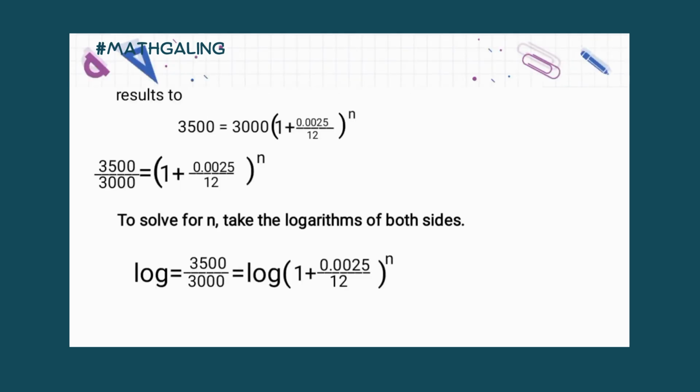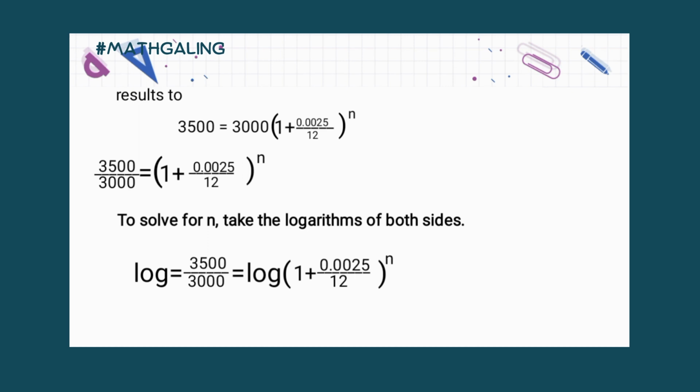And the result is 3,500 is equal to 3,000 times 1 plus 0.0025 over 12 raised to the power of n. And then divide both sides by 3,000, so 3,500 over 3,000 is equal to 1 plus 0.0025 over 12 raised to the power of n.